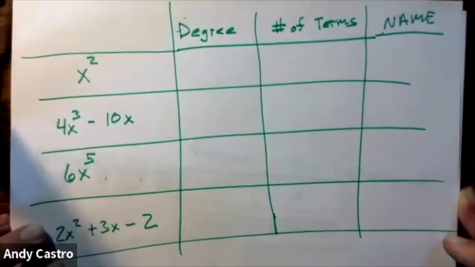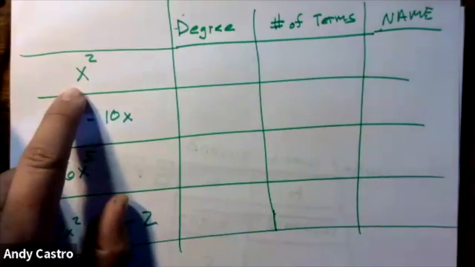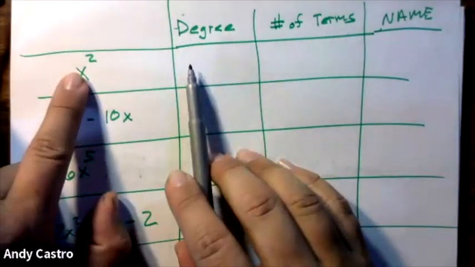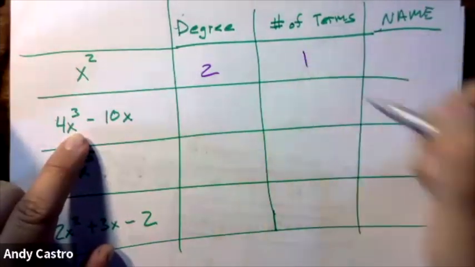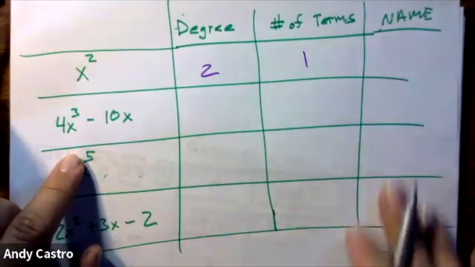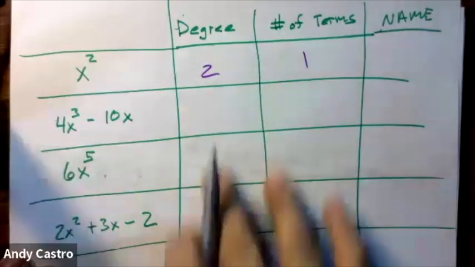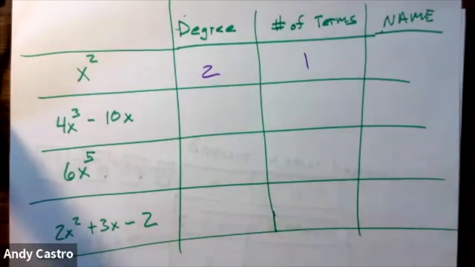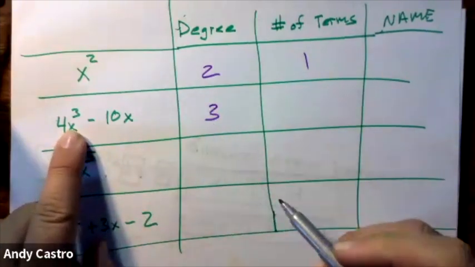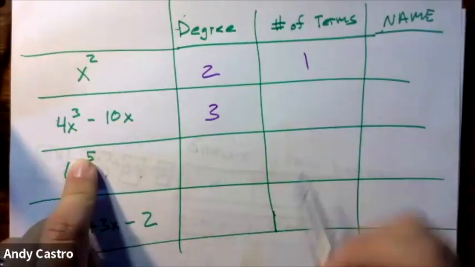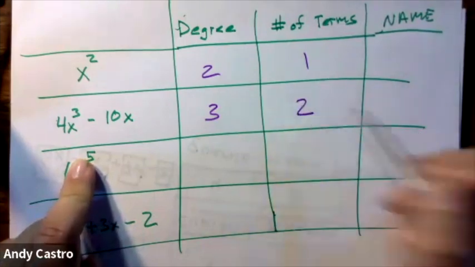All right, so let's start filling this in. Degree. Well, that is a 2. Number of terms, 1. All right, let's not worry about naming yet. Let's just fill out this part right here. Degree, that is degree 3. Number of terms, 2.